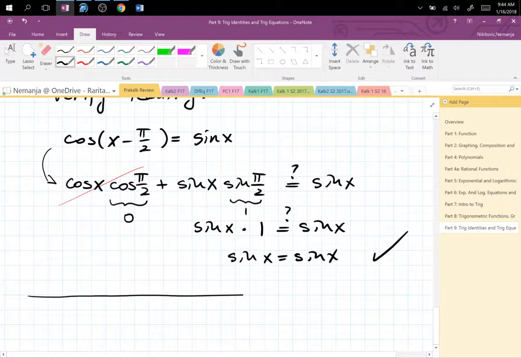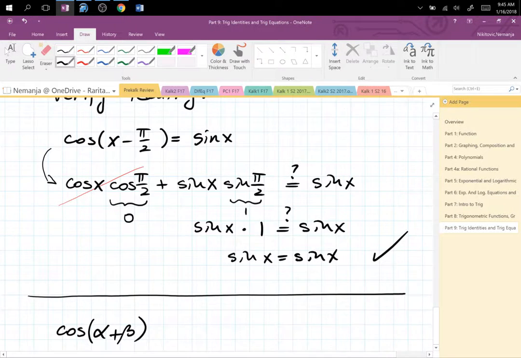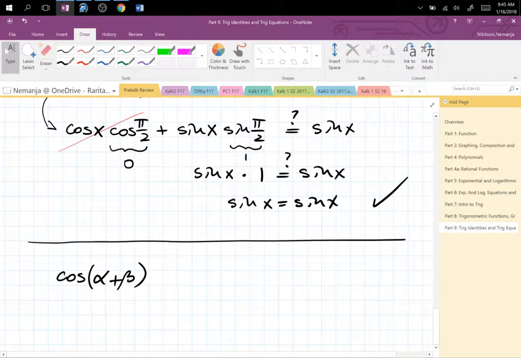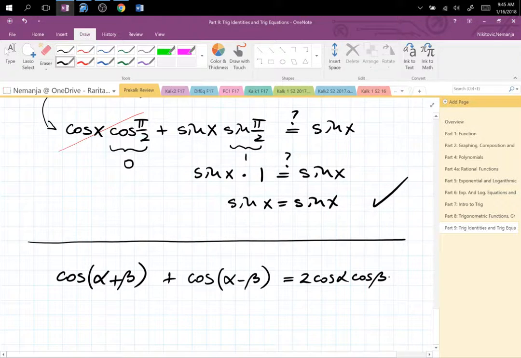Let's take a look at another identity, something similar. It says cosine of alpha plus beta, instead of x and y, plus cosine of alpha minus beta is equal to 2 cosine alpha cosine beta. Now you can't really check this one with graphing.